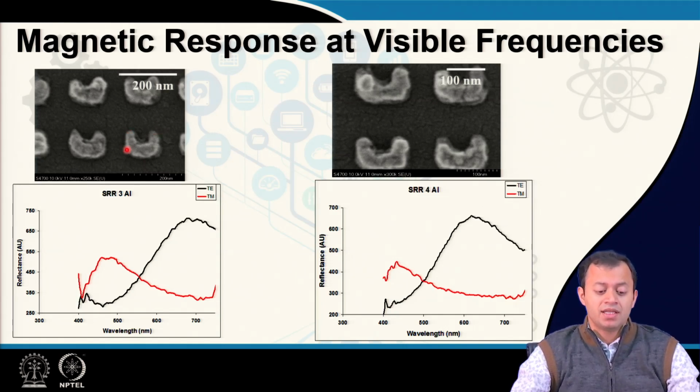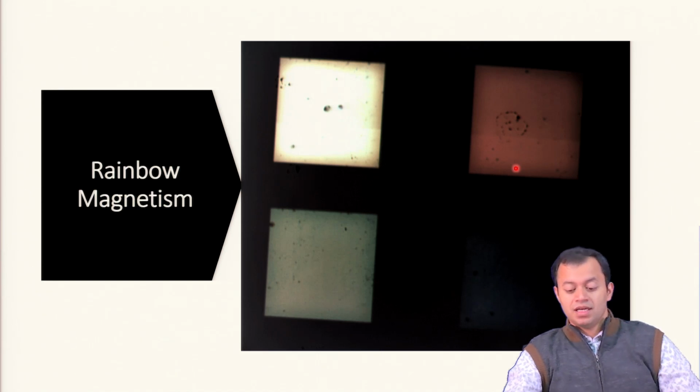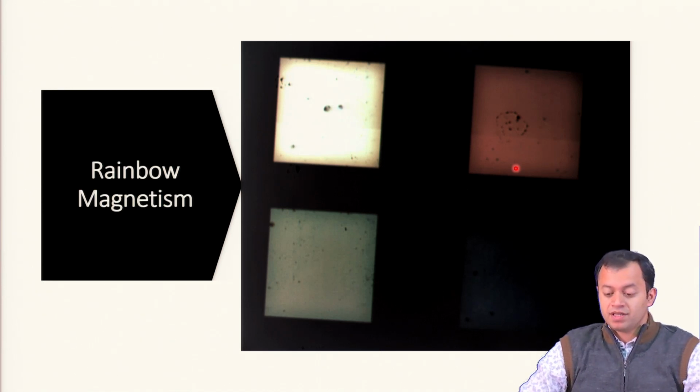But I have patterned them in such a manner that they are able to reflect or oppose, in this particular case, light at a particular frequency, and that frequency is manifested here, and I call it rainbow magnetism.